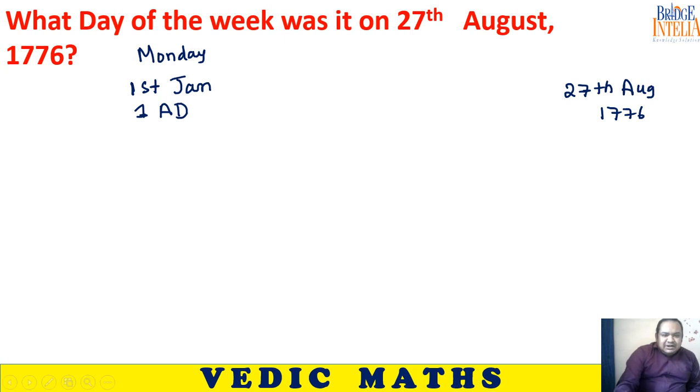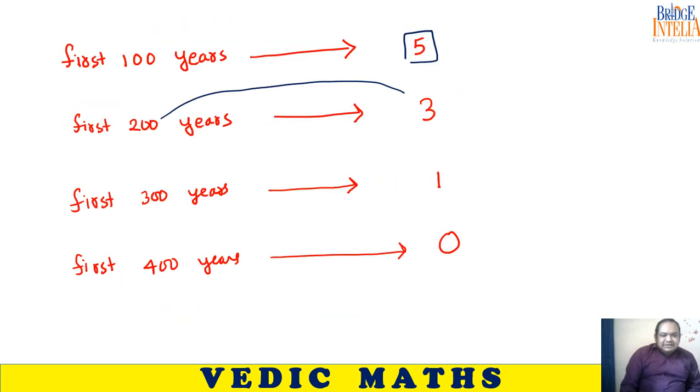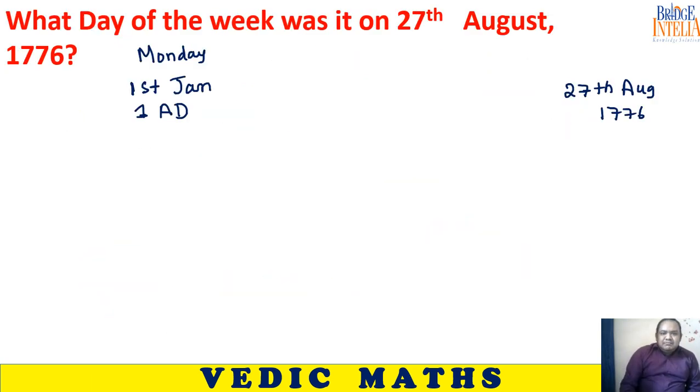To save time, we know that after every 400 years, things get balanced out. So you can remove multiples of 400 years from here.